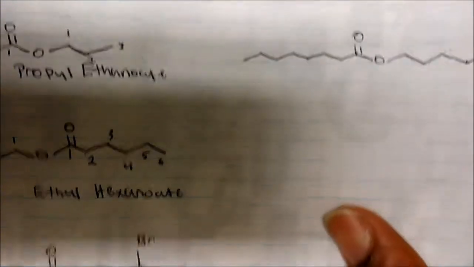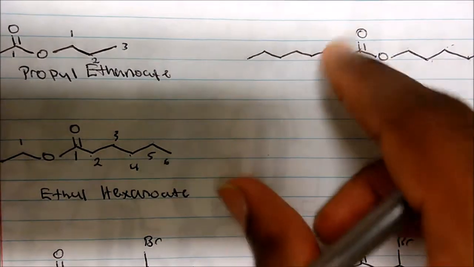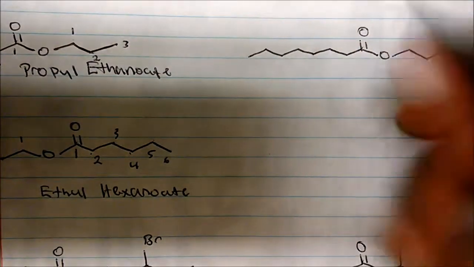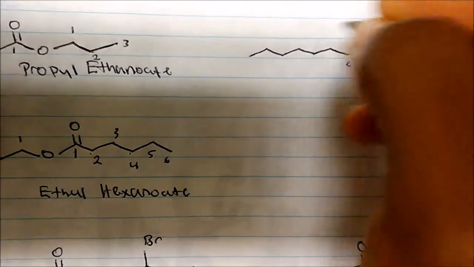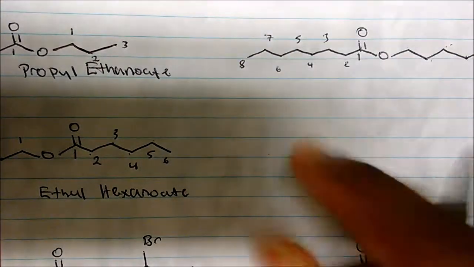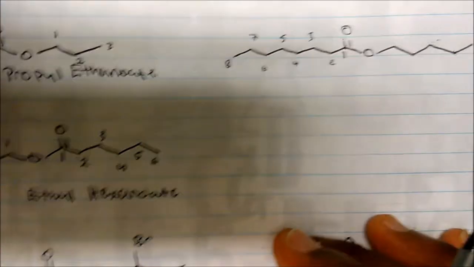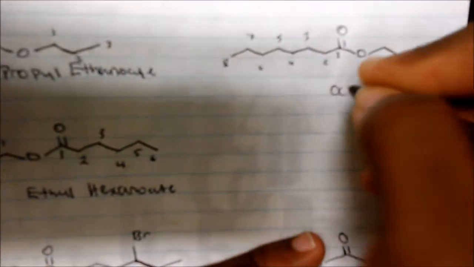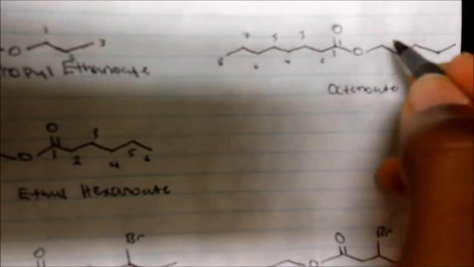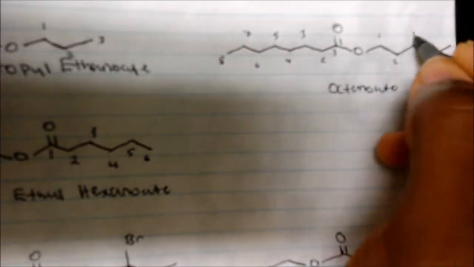So this would be ethyl hexanoate. Okay, let's look at this one. To me, it looks as if my longest continuous carbon chain goes this way because it includes a double bond. So this is carbons 1, 2, 3, 4, 5, 6, 7, 8. We know as a parent, this is octanoate. And then as a substituent on the other side, we have carbons 1, 2, 3, 4, 5, so a 5-membered branch.